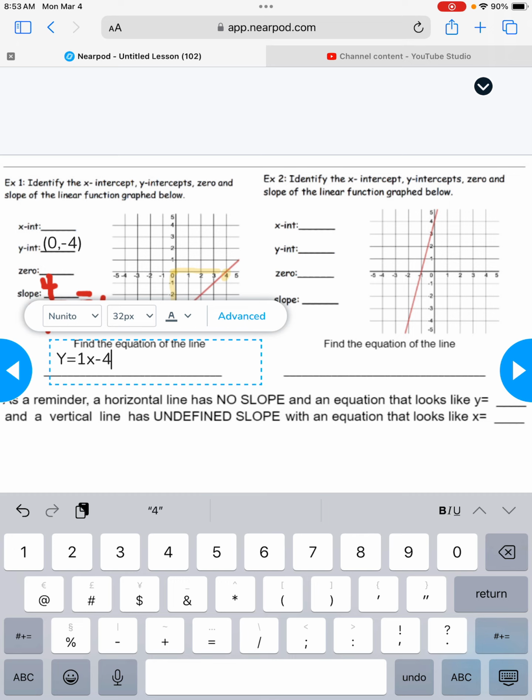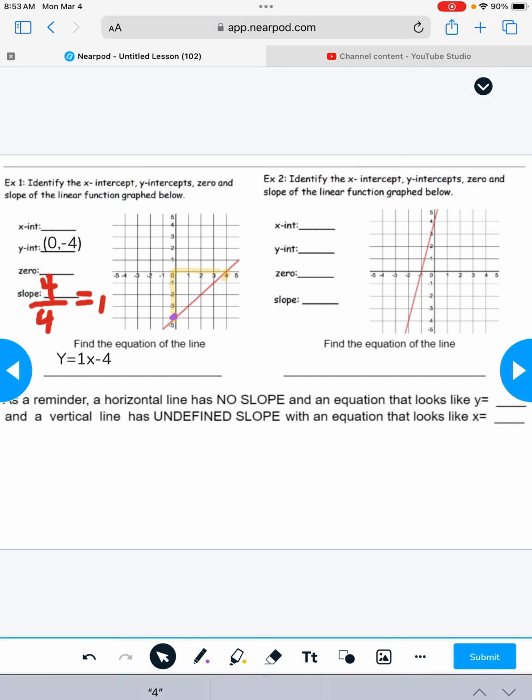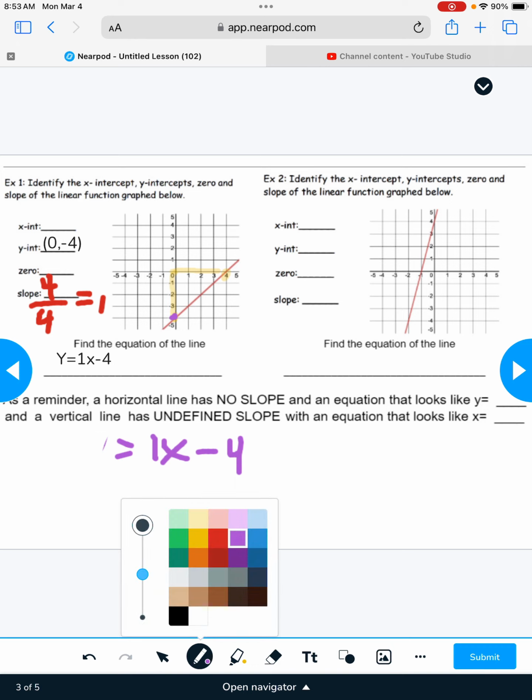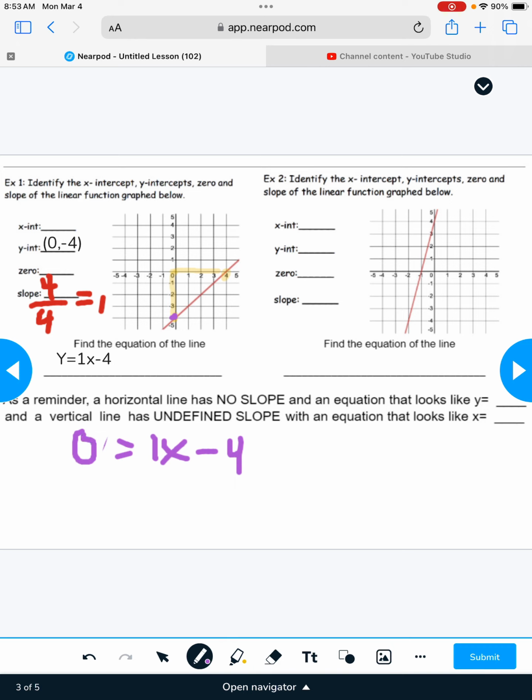Okay, so when I want to solve this for the 0 and I want to solve this for the solution, I'm going to take that y equals the 1x minus 4. You don't need the 1, it could just be y equals x minus 4. And I'm going to convert it to where that y isn't the letter y anymore, it becomes the number 0. 0 equals x minus 4.